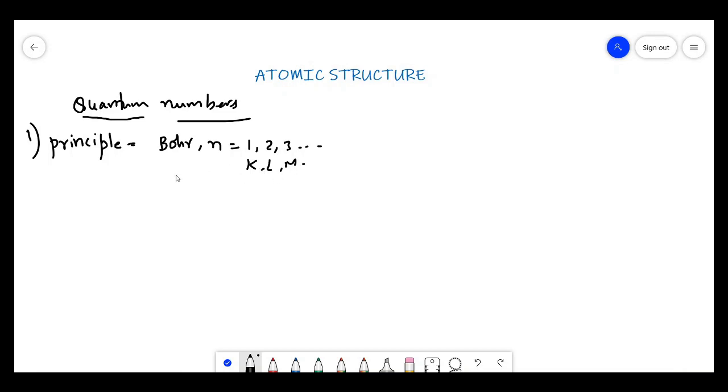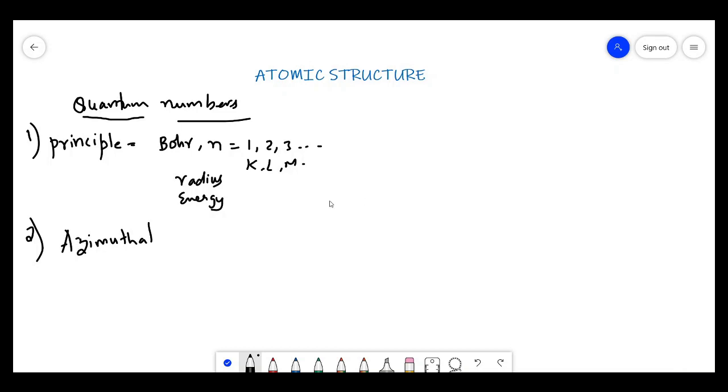And next, this signifies size, or you can write it as radius, and energy. So this is principal. And the second one is azimuthal. In the azimuthal quantum number, it was proposed by Sommerfeld.